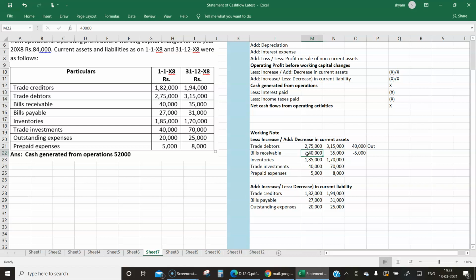Last year it was 40,000 of current assets, so our money was locked. Now it's only 35, so 5,000 is released, so it is a cash inflow. Like that you have to get it for each and every item. So every minus means it is inflow and every plus refers to outflow.